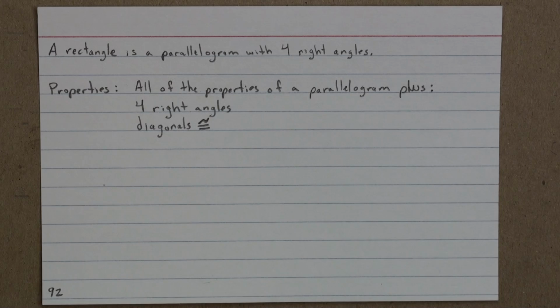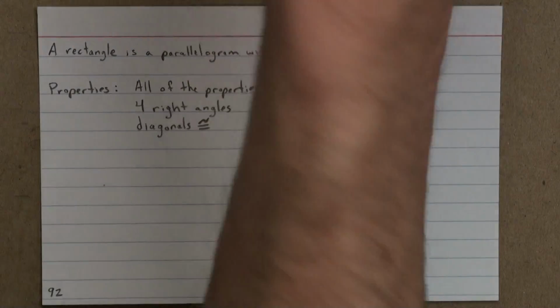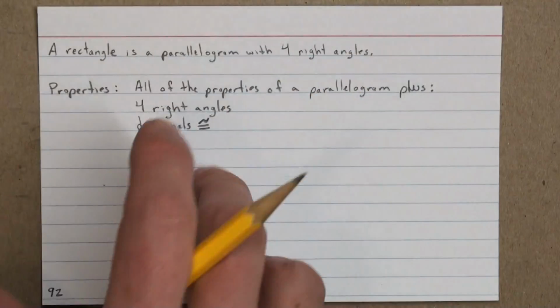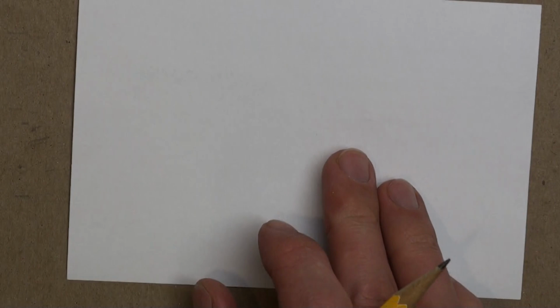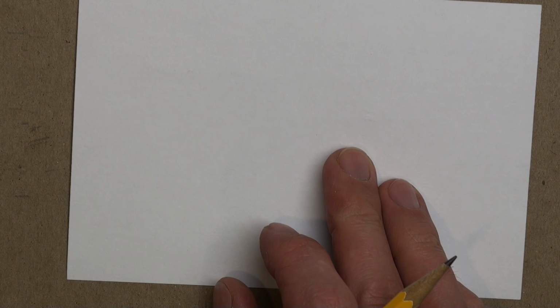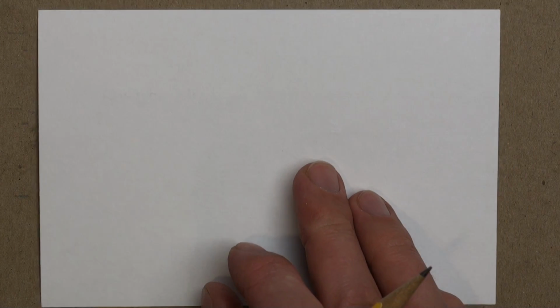So let's see, how do I want to write this out? I think I'm going to need 1, 2, 3.